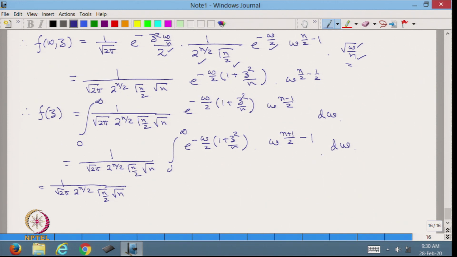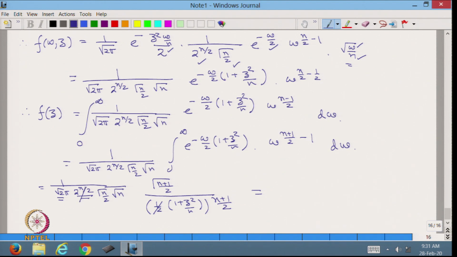Now, this is again our familiar gamma integral. Therefore, we can write it as gamma n plus 1 by 2 upon half times 1 plus z square by n, whole to the power n plus 1 by 2. Fairly complicated, but we can make it slightly simpler. Now here it is root 2 to the power n by 2, so together it is 2 to the power n plus 1 by 2, and here it is half to the power n plus 1 by 2.